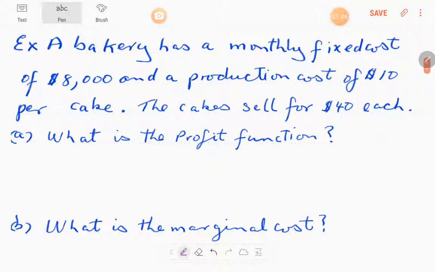A bakery has a monthly fixed cost of $8,000 and a production cost of $10 per cake. So this is our fixed cost, $8,000, and our variable cost here would equal 10x.